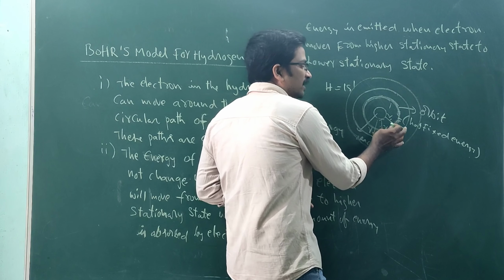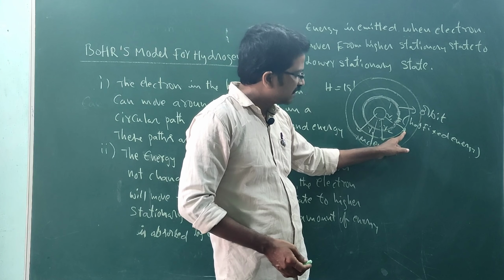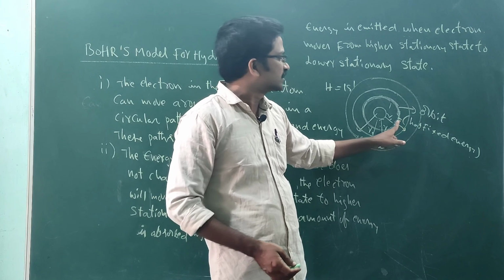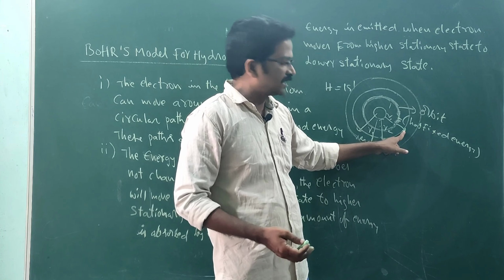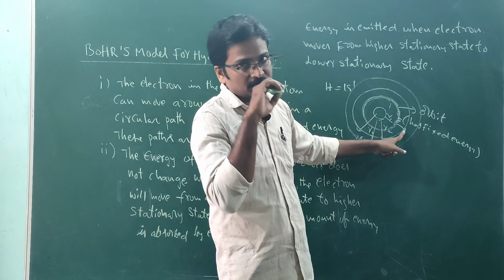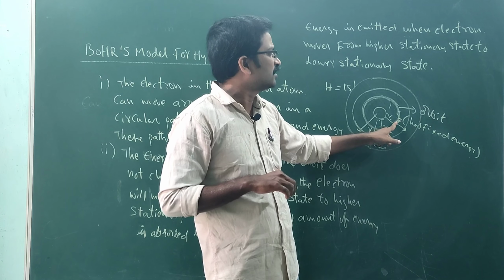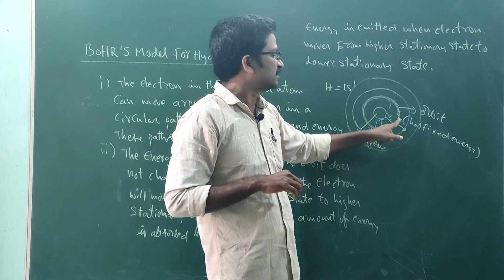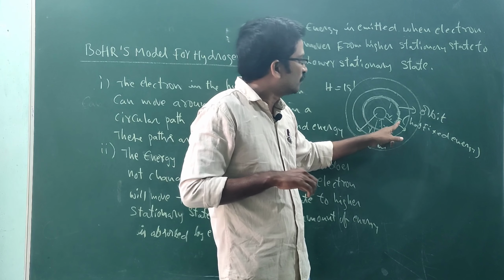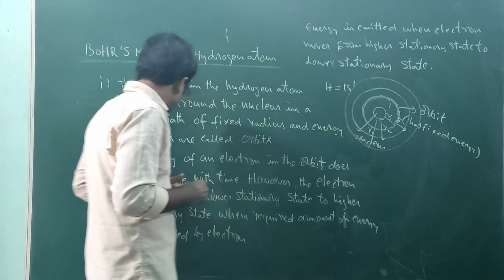Electron energy changes because the electron jumps from this orbit to another orbit. Why does it change? Because the electron absorbs the energy, then shifts its position from one level to another level. That is the reason why.